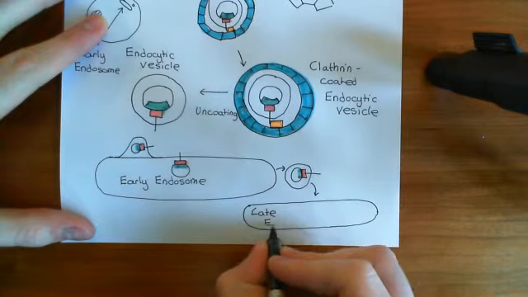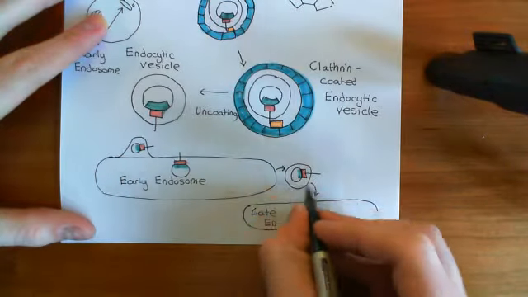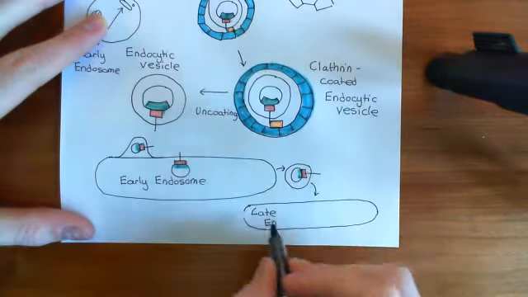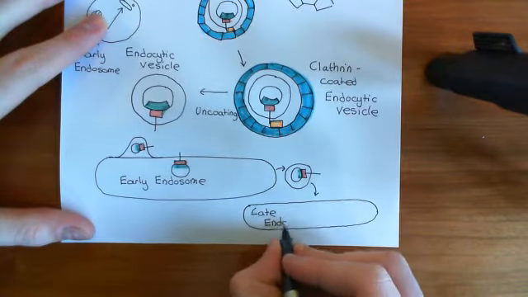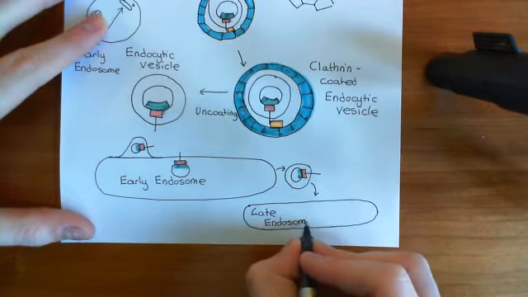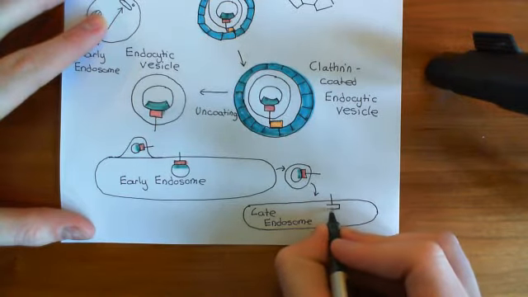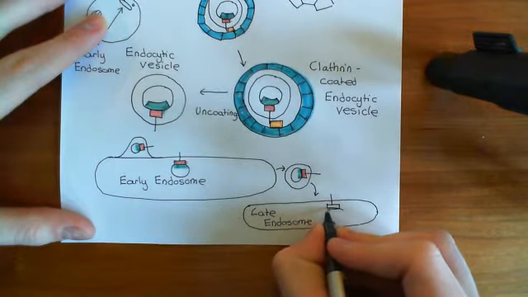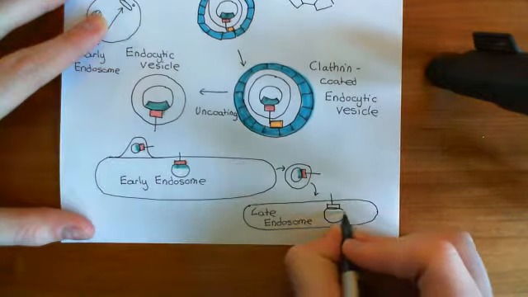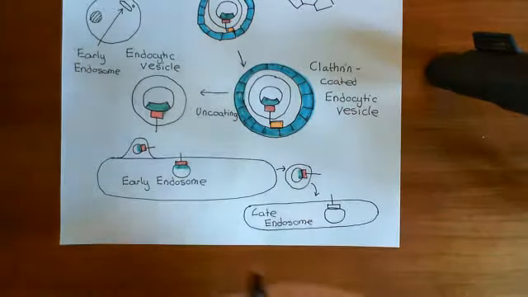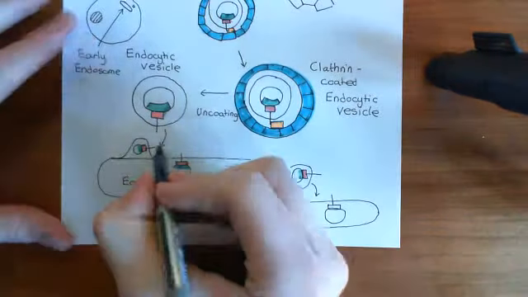Again, this little vesicle that's transported the LDL receptor with its cargo from the early endosome to the late endosome is going to fuse with the late endosome, and the LDL receptor, along with its cargo, will end up within the late endosome. Now, something interesting is going to happen here.